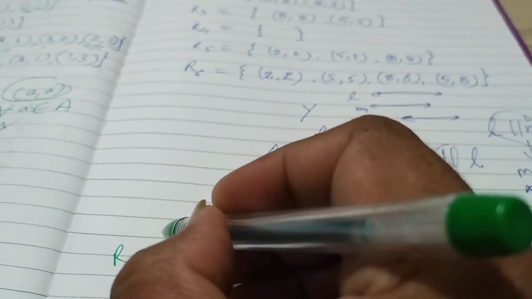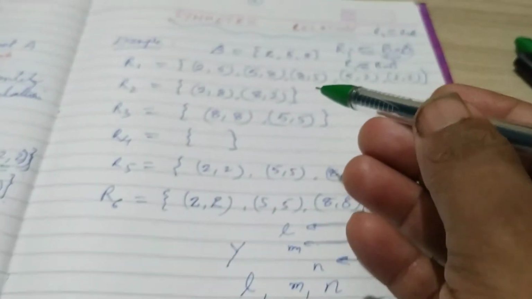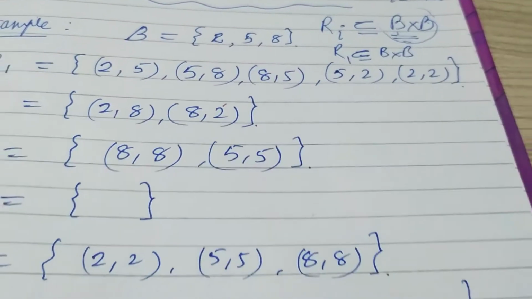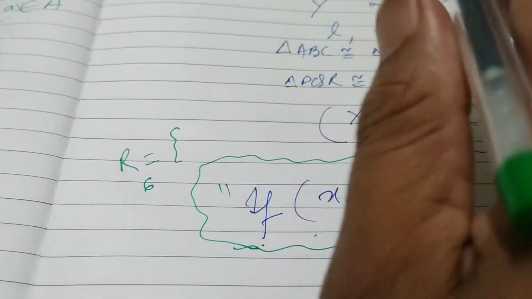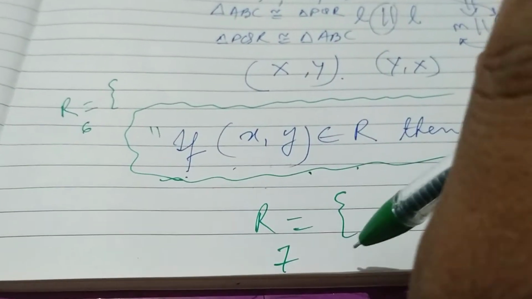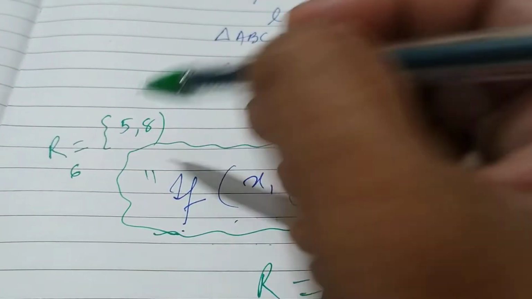Otherwise, suppose there is a relation R defined on set B, set B comprising 2, 5, 8, and we have taken R6 only. This I can take as R7. Empty relation is also a relation defined on set B, but it is symmetric. R6, suppose I write like this, 5, 8.